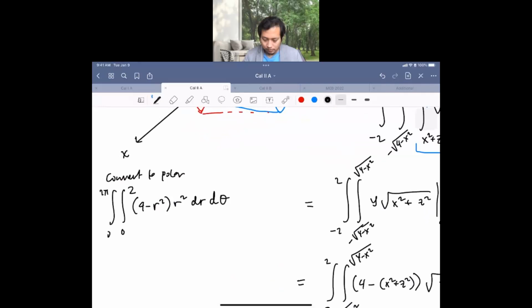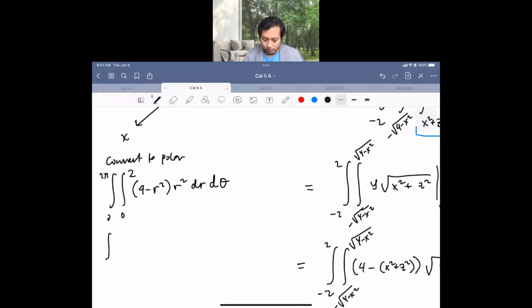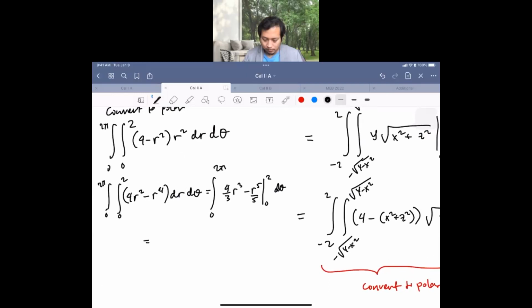So we could have 0 to 2 pi, so we could say that this will be 4 over 3 r cubed, so 8, what is this, 8, 32 over 3, 32 over 5.